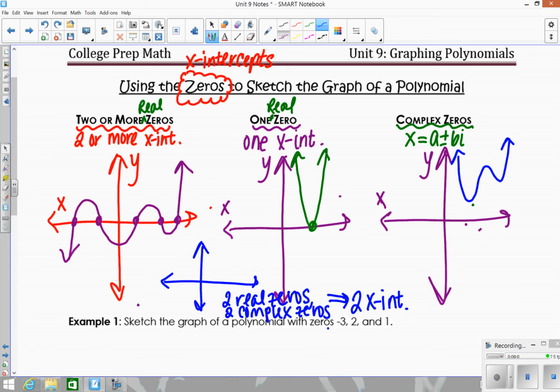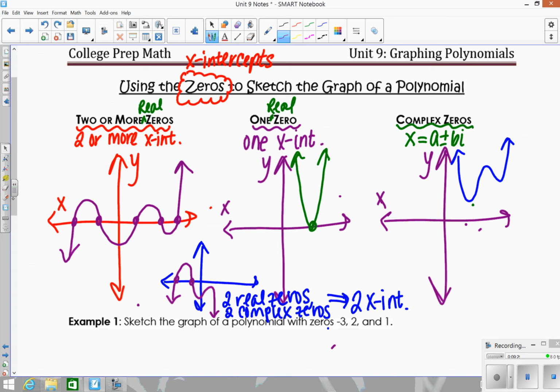So this could look something like, okay, I have two real zeros, and then I have two complex zeros. So notice that my graph can't cross again. So I just kind of do this loop and bring it back down to represent those complex zeros. So it can't actually cross.